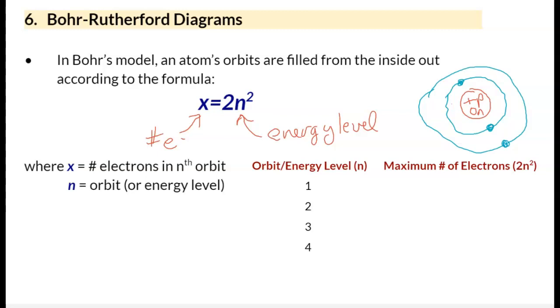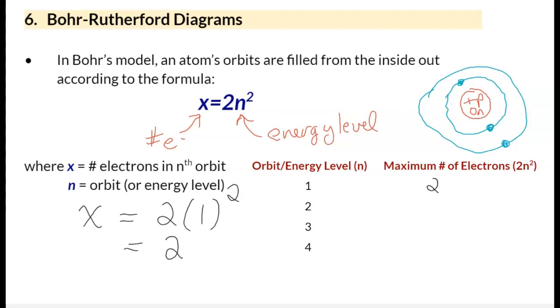So if we're trying to figure out the number of electrons in the first energy level, then n would be equal to 1, right? So 2 times 1 squared, of course, 1 squared is 1, and then times 2 is 2. And we know that in the first energy level, we can have a maximum of 2 electrons.